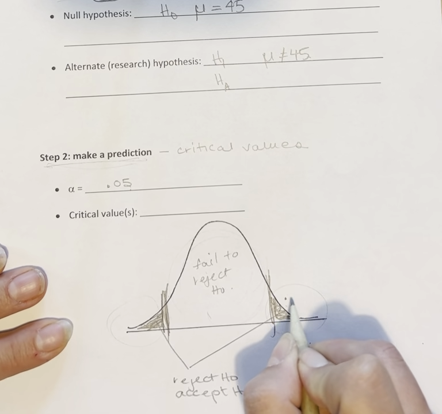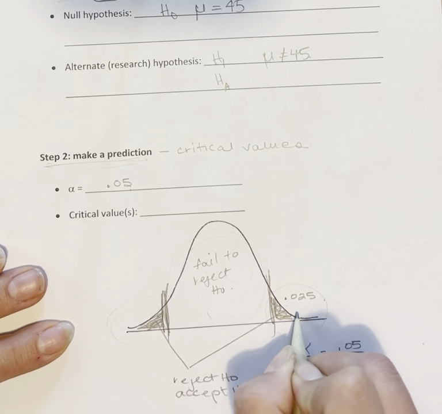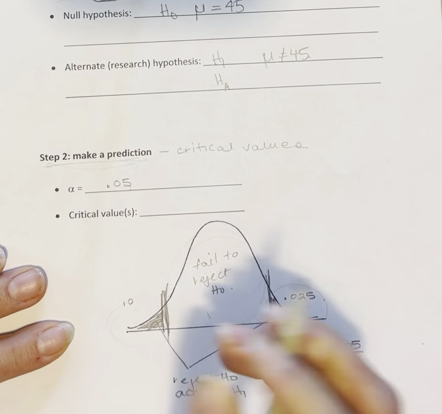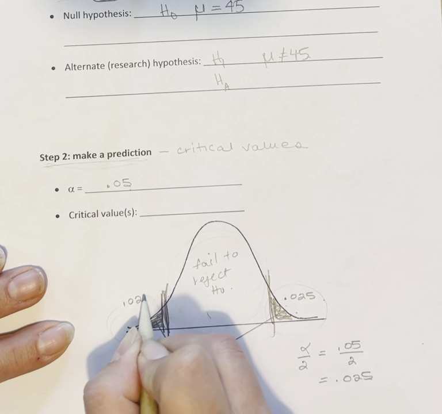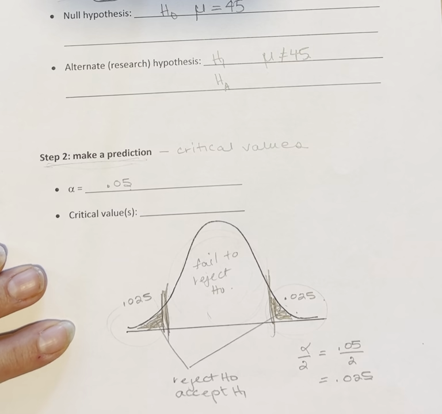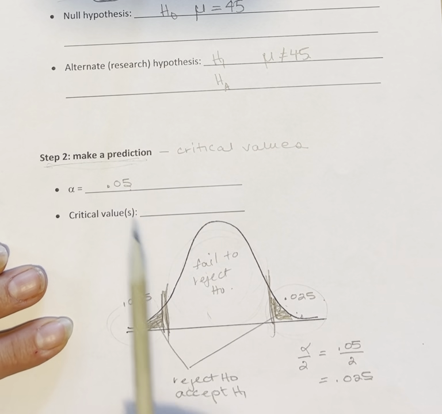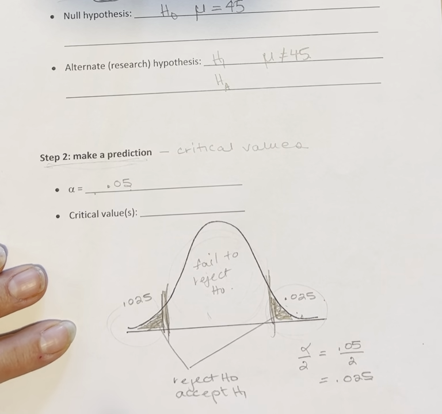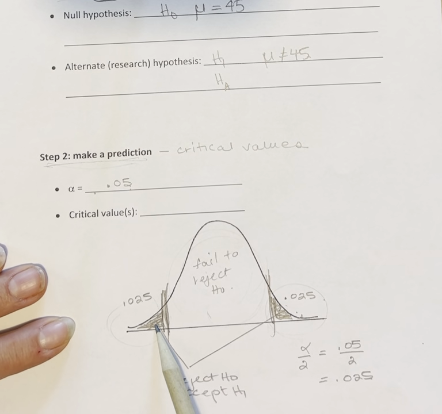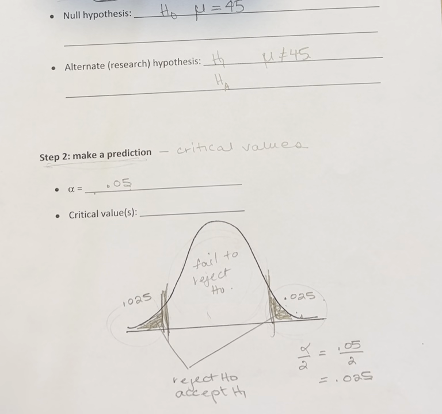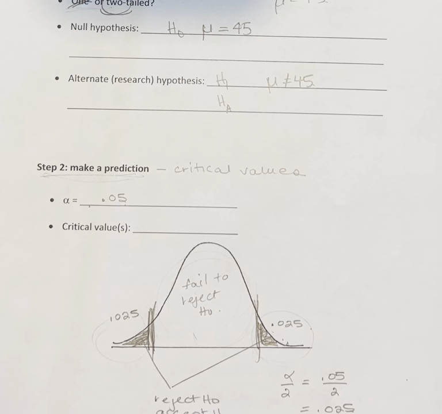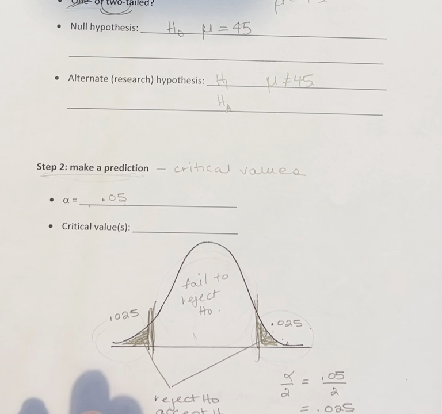So we're looking for a tail that is 0.025 out here, and because it's a symmetrical distribution, 0.025 to our left. And if we add our two tails together, we get our alpha level. And that's why we have to divide by 2, because if we had 0.05 here and 0.05 here, when we add them together, we'd have 0.10, and 0.10 is not the same as 0.05. It's just how math works, right?